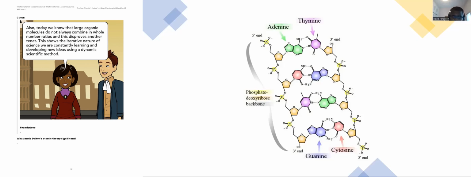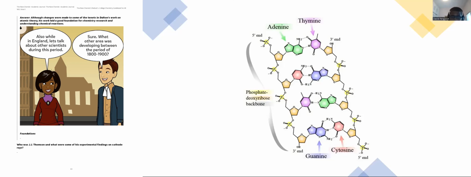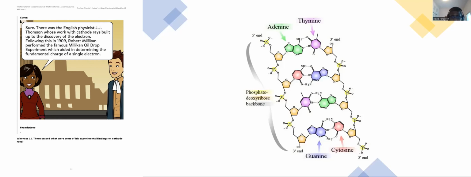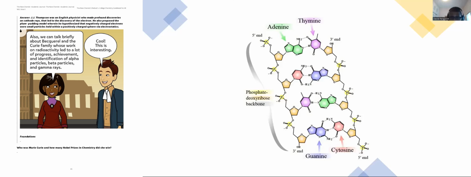Hopefully you have seen that you have oxygen, phosphorus, carbon, nitrogen, hydrogen. Don't worry about the 5' and 3', that's for a different class. But you should see the functional groups of phosphates, amines, and hydroxyls. Those are the things I want you to see and look at.